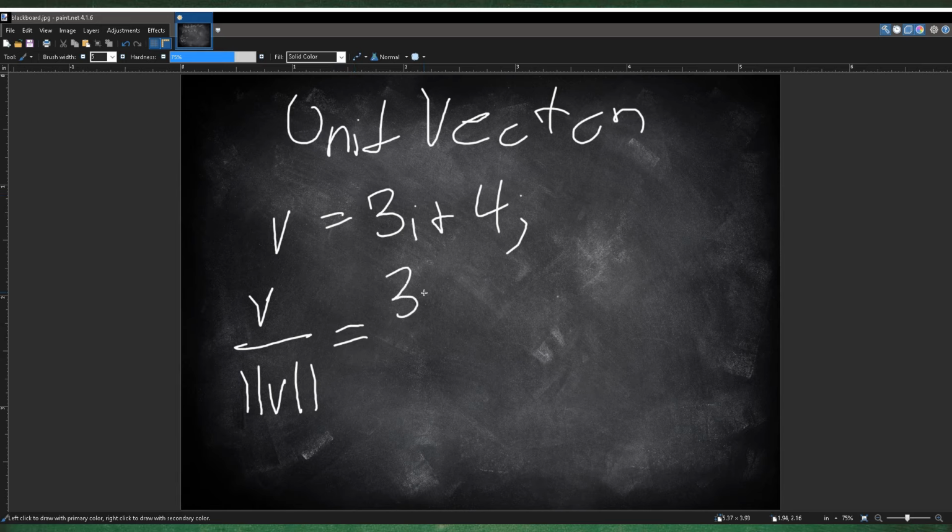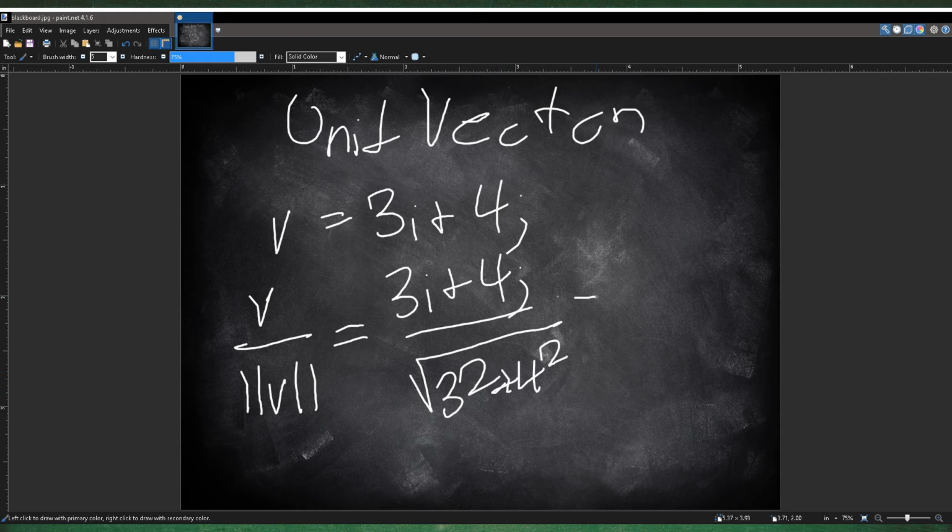So it's basically just 3i plus 4j, and the magnitude is the square root of 3 squared plus 4 squared, which is equal to 5. So it would be 3 over 5i plus 4 over 5j, which makes sense because 3 over 5 squared plus 4 over 5 squared is just 1, and the square root of 1 is just 1, so the magnitude is 1.